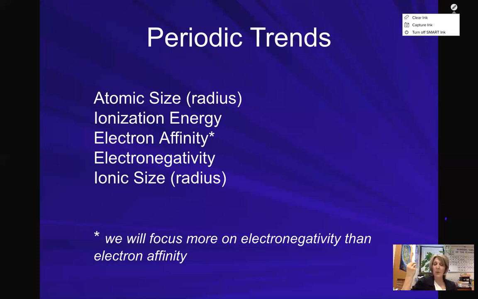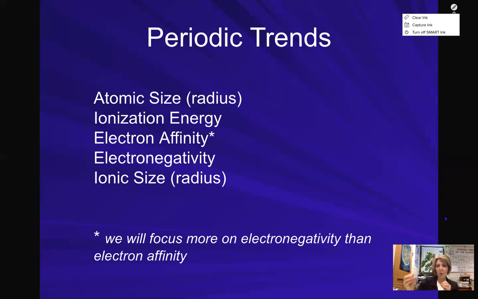If it's easy to pull an electron off, that's low ionization energy. And that's going to become important as well. Electron affinity, affinity means you like something. So electron affinity is actually the pull an atom has on its own electrons. And that's going to be important for us. I'll say it again.